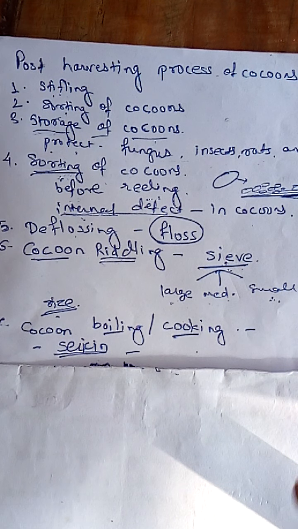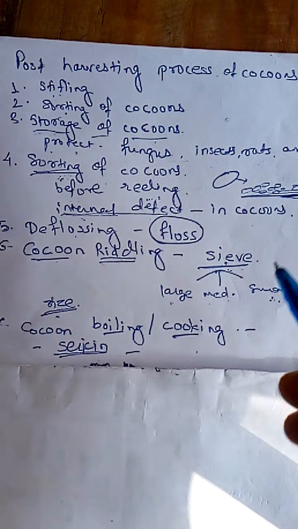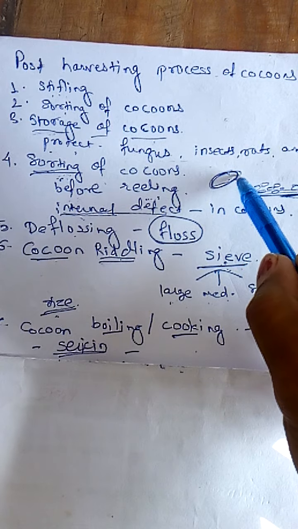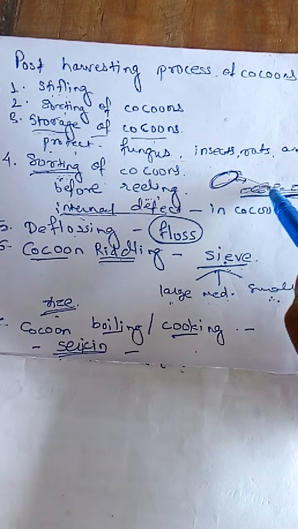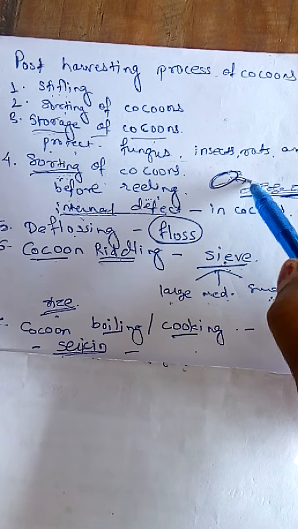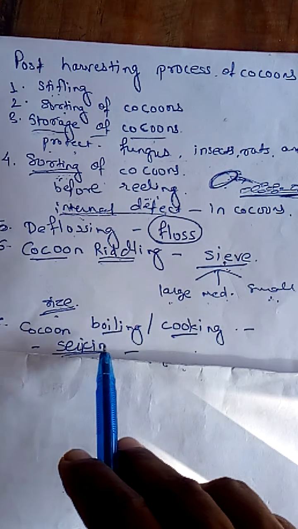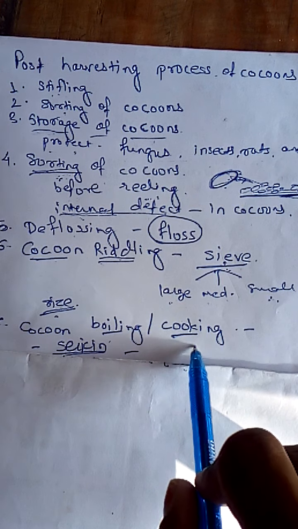Okay, and when the threads get attached with each other, it is not possible for us to remove a single thread. Like here, suppose this is the cocoon, it is not possible for us to remove the silk in the form of a single thread, and for that purpose the boiling is necessary, or we also call it cooking.